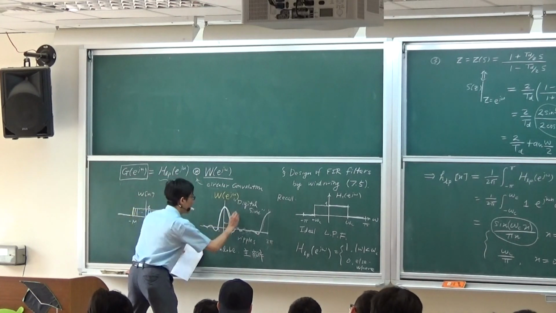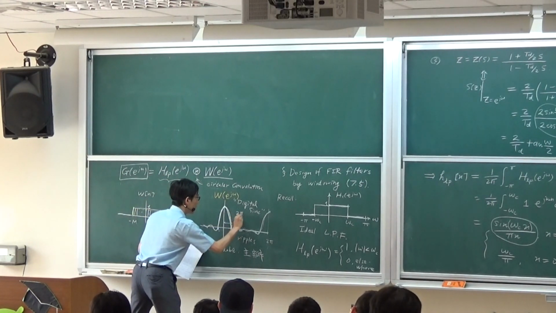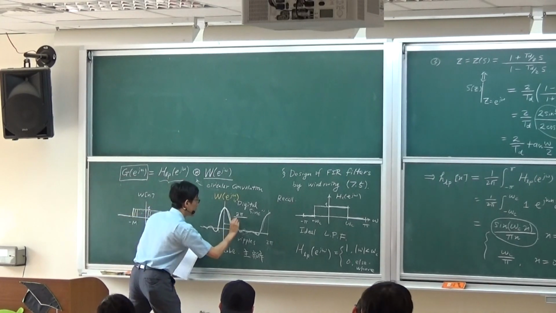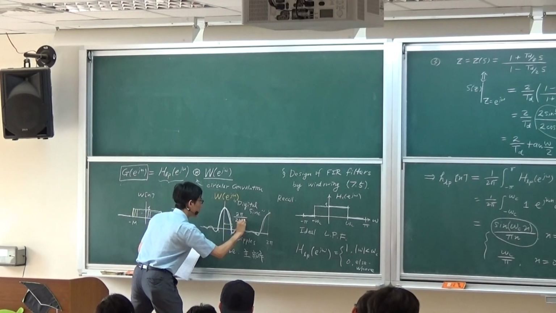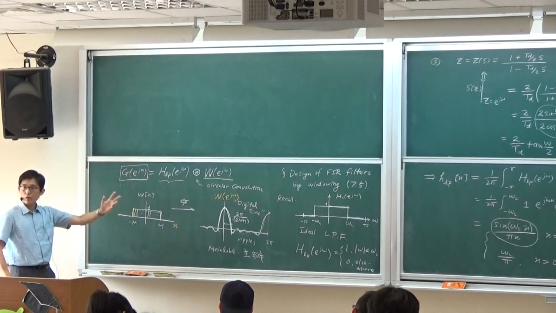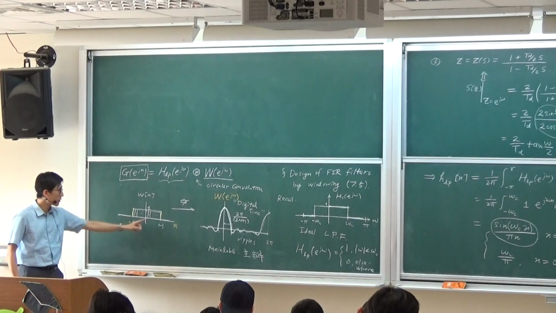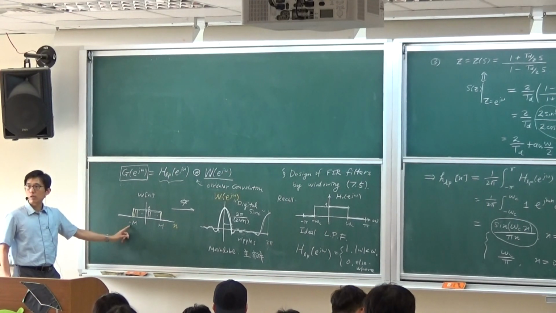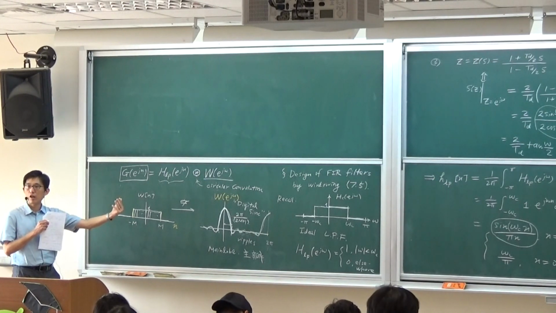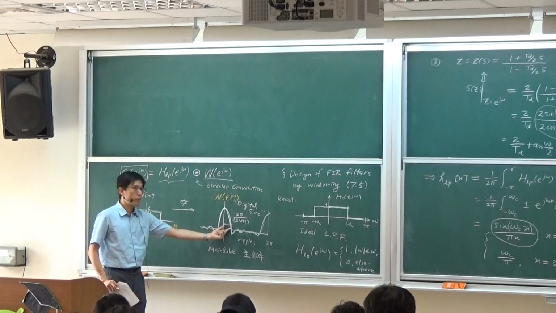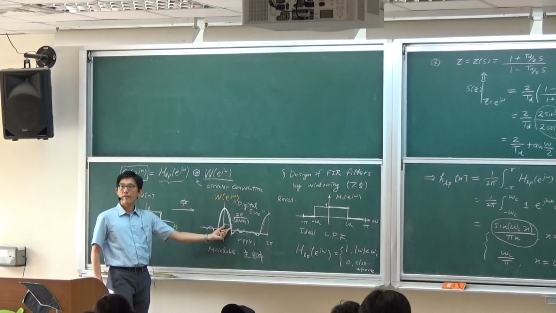I remember it's going to be 2 pi divided by, should be 2n plus 1. Anyway, the key point is it's roughly inversely proportional to the length in time, because we have 2n plus 1 samples. That length in time is inversely proportional to the width in frequency, with a half width.